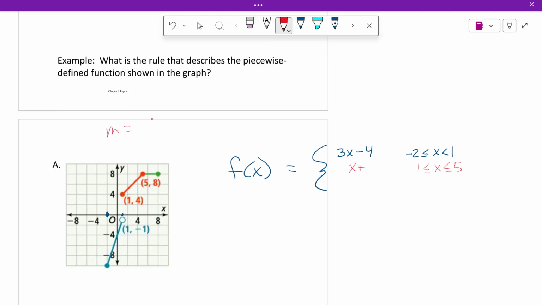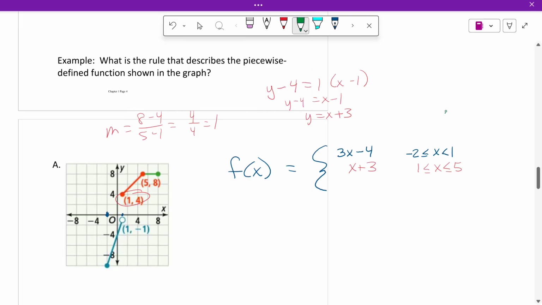The slope is 8 minus 4 over 5 minus 1, which is 4 over 4, which is 1. And then I got to find its equation. So y minus y1, 4, because I'm using this, equals 1 times x minus 1. So y minus 4 equals x minus 1, y equals x plus 3. So x plus 3 is the red one.